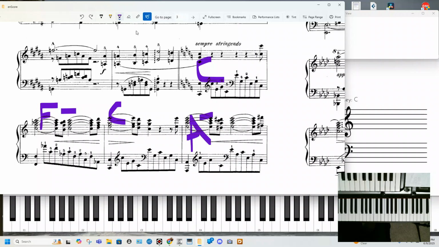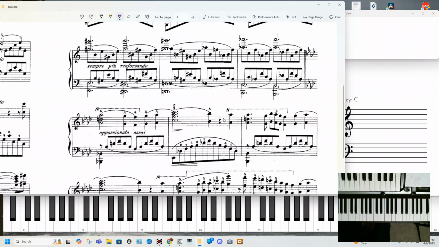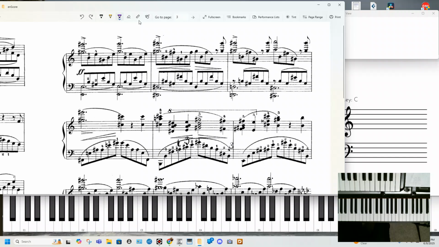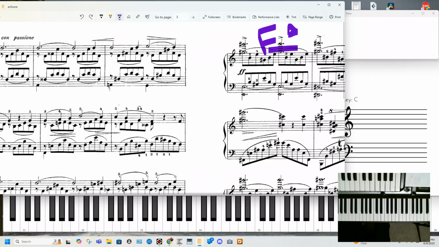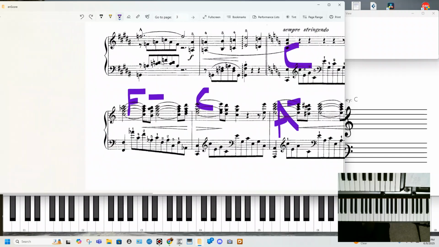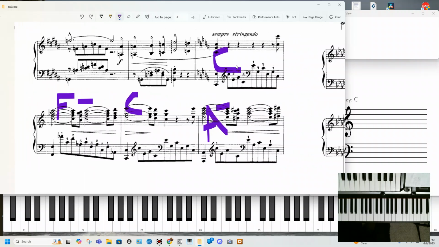and then we get A minor, and then we get E major, E triangle meaning E major. And what this motion essentially is, we have a descending fourth from F to C, and then it descends by third, and then it descends by fourth.